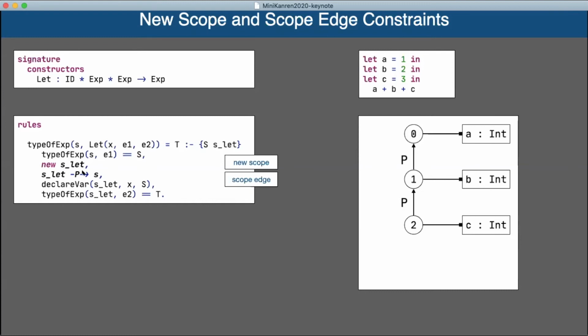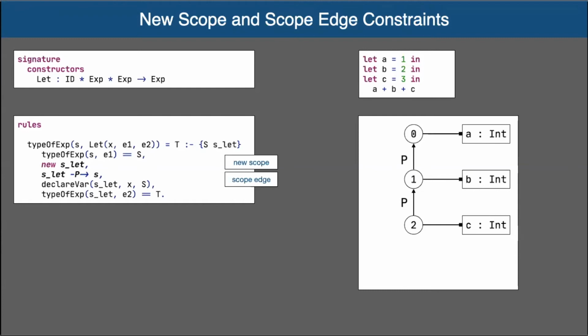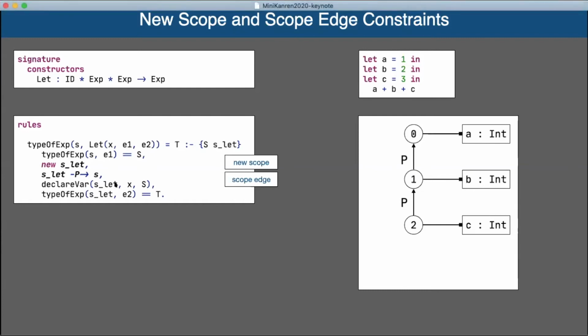And that says, well, from the let scope we can see things in scope S, but not the other way around. Then in that new scope, we declare this new variable x with type T, so the type that we found from the initializer expression. And then we type check the body of the expression using this new scope.